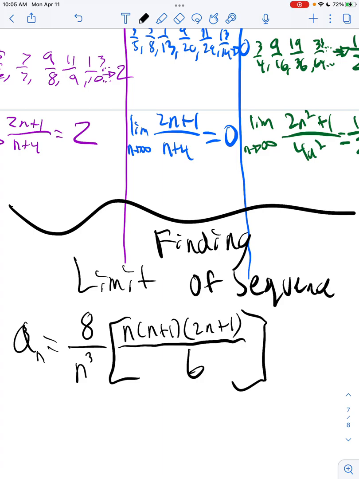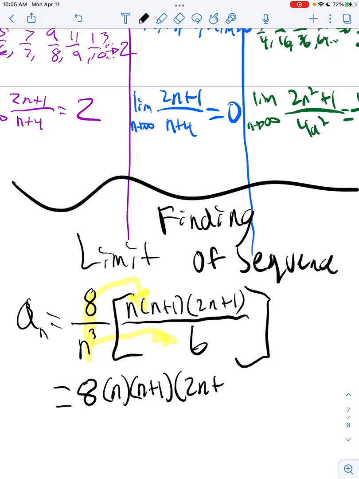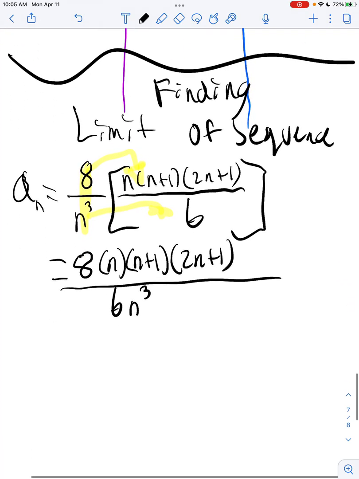Begin by writing the nth term in standard rational function form as the ratio of two polynomials. So basically, what are we going to do? We are going to multiply. We're going to distribute this in here and this in here. So we're going to get 8 times n plus 1 times 2n plus 1 all over 6 times n to the third. And now I'm going to continue multiplying as much as I can here.